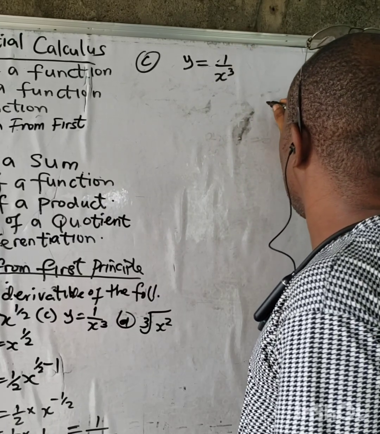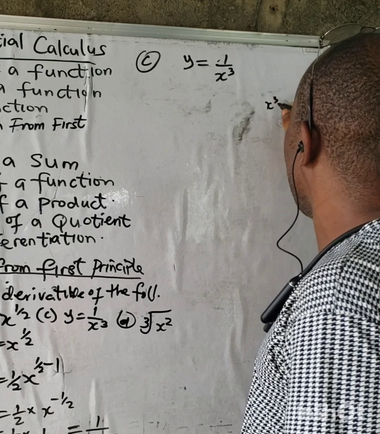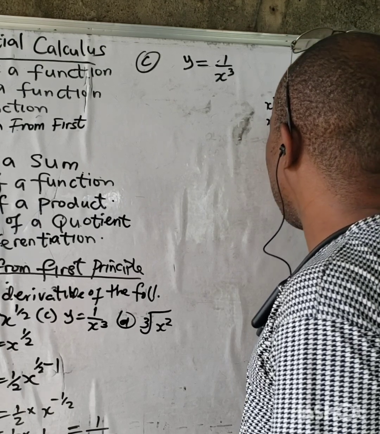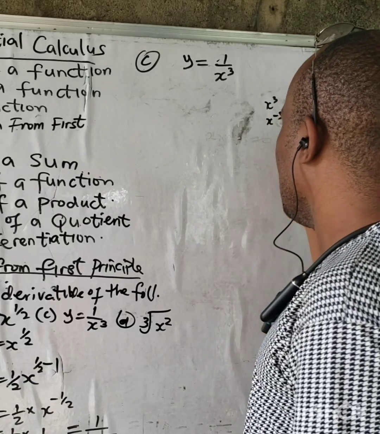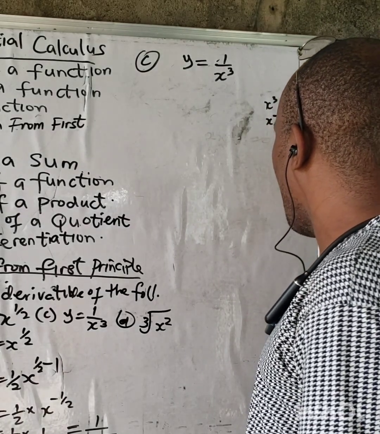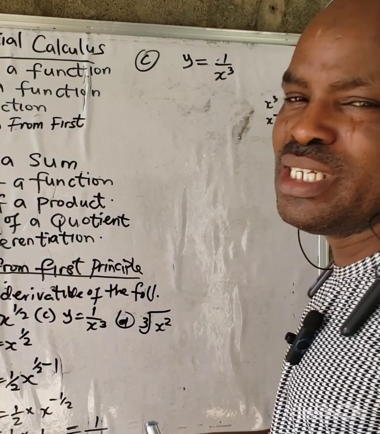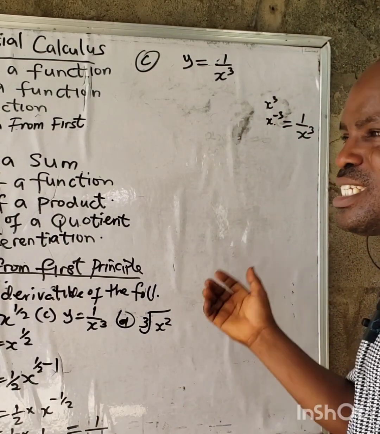If we say s raised to power minus 3 now, to eliminate this minus, it will become 1 all over s cube. Can you see? That is why we need indices.